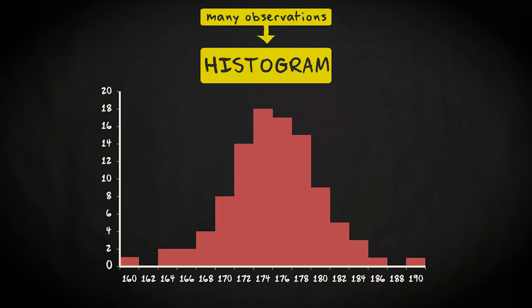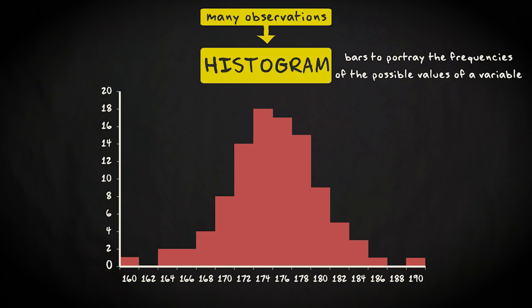A histogram is similar to a bar graph in the sense that it uses bars to portray the frequencies or relative frequencies of the possible values of a variable. However, there is one important difference. That difference is that the bars in a histogram touch each other. This touching represents that the values of an interval ratio variable represent an underlying continuous scale.